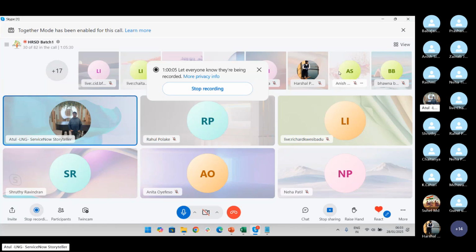Don't compare this agenda with the previous batch's agenda because this is an advanced batch, advanced product, not the basics of the CSM, ITSM. In CSM, in ITSM and CSA, I cover a lot of different things as well. But here it's not required because I assume you guys have a good knowledge in at least the basic knowledge of the ServiceNow. So let me stop the recording and we'll take your attendance now.